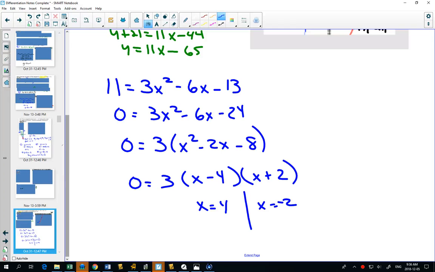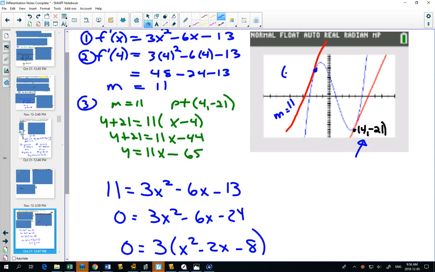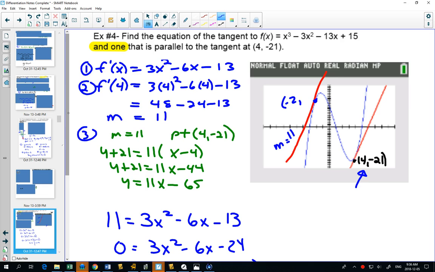Does our x equals 4 answer make sense to us? Look at the graph. That's this point, right? When the slope is 11, one of the points is 4. What's our other point? −2, comma something. How would I find that? Where would I plug the −2 back into?